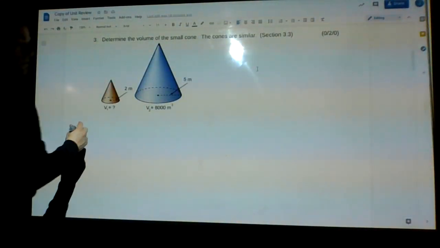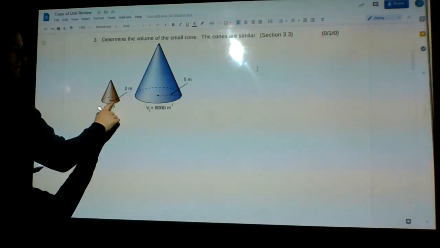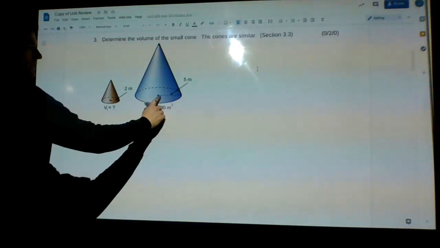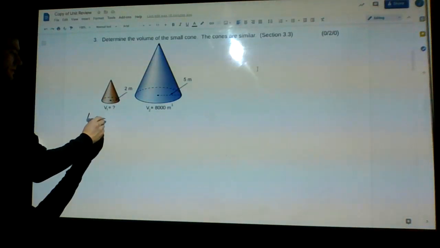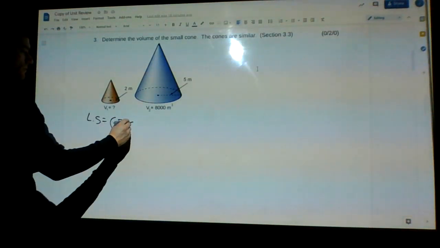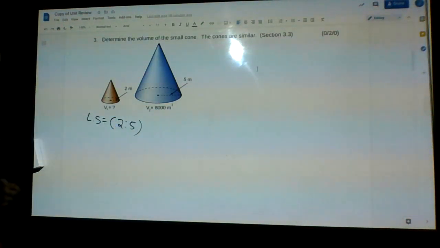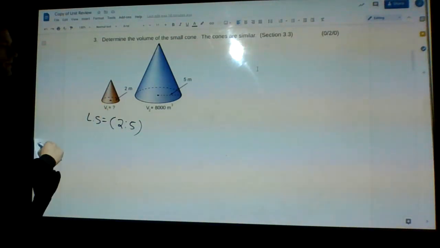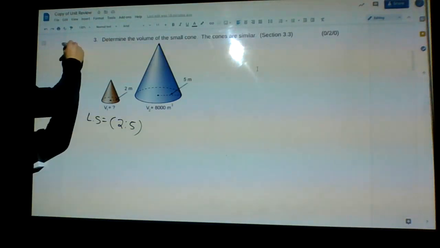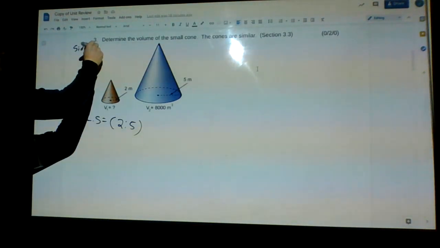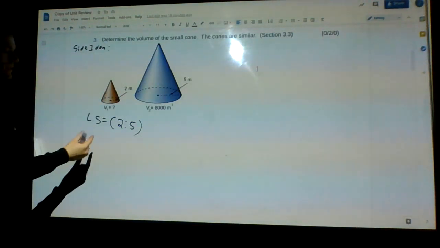I think you guys can see this. The radius here is 2 meters. The radius here is 5 meters. So that tells me the length scale is a 2 to 5 ratio. 2 meters over here results in 5 meters over here. A side idea: sometimes it's a little bit weird to think 2 to 5.